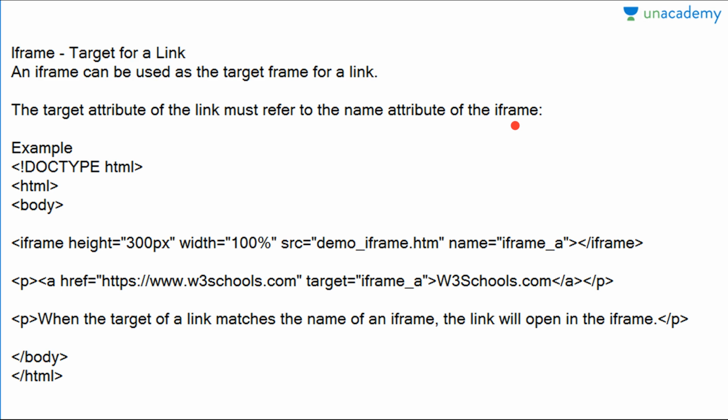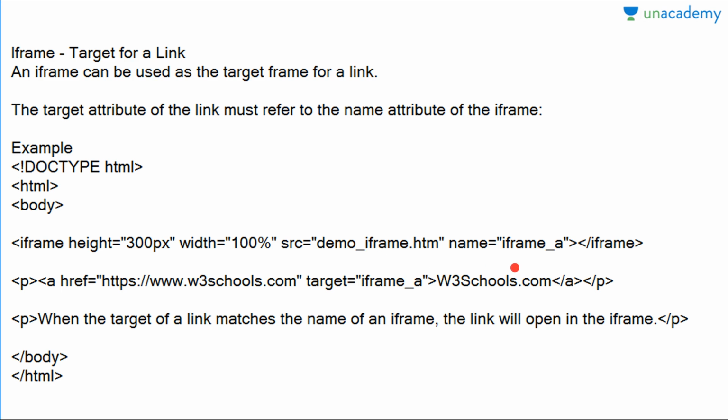So let's start. Doctype HTML, then the HTML tag, then the body tag, then we write iframe, and here we specify its attributes and name. Height equals 300px, width equals 100%, meaning it will take the complete screen width. Src equals demo_iframe.html, name equals iframe_a.